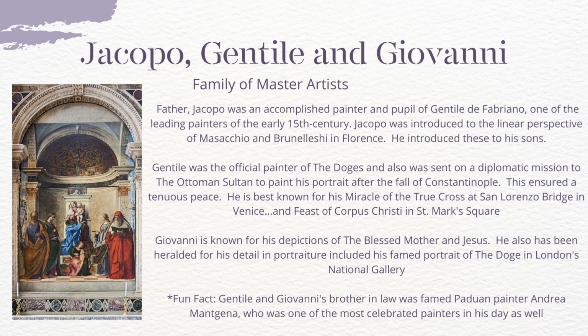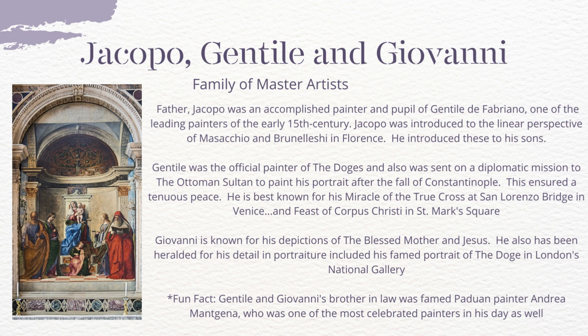Brunelleschi was the first to actually write it down, but they're the first to use this concept of perspective, which makes things a lot more realistic and brings you out of that flat, almost floating, ethereal feel to a more grounded reality in a painting. So Jacopo was introduced to this perspective in Florence, and he brought it back to his sons, who are also amazing painters.